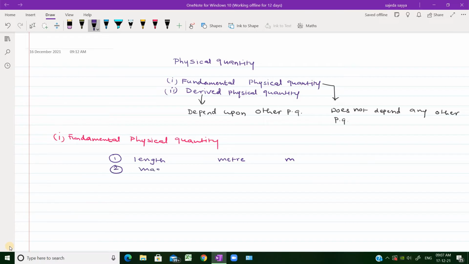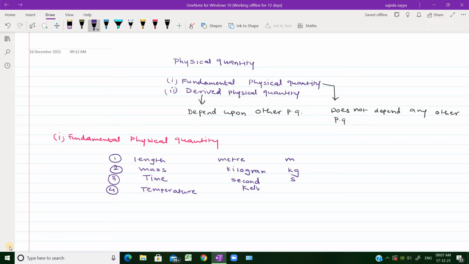Mass, it is measured in kilogram, kg. Time, second. Temperature, it is measured in degree Kelvin.